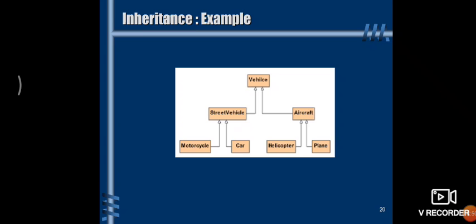So a very good example of inheritance is shown here. It's a vehicle, and what type of vehicle? A street vehicle and an aircraft. You can see that a class called vehicle is described here, and from that class many different subclasses are made. First we take the single class, then we inherit it into multiple classes like street vehicle and aircraft.